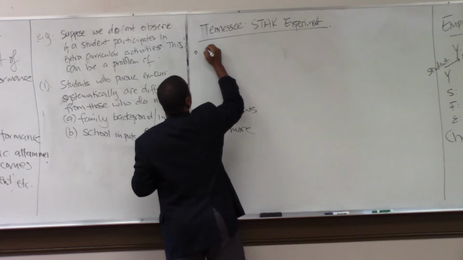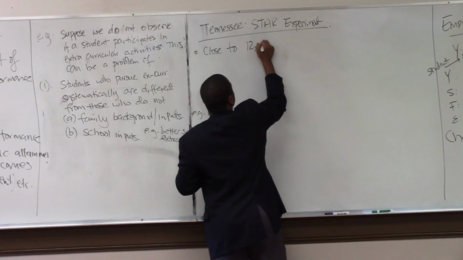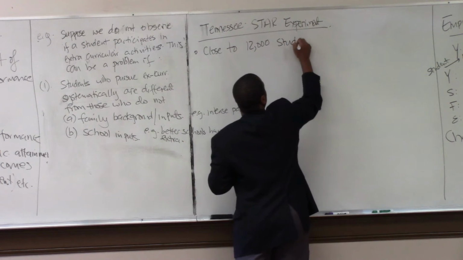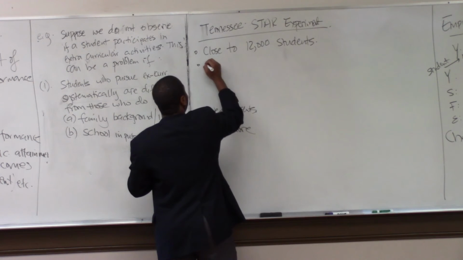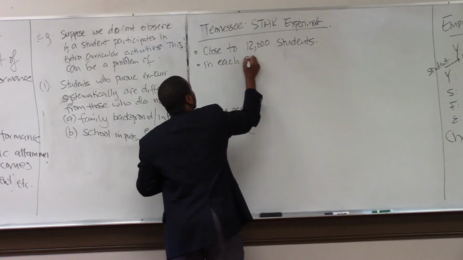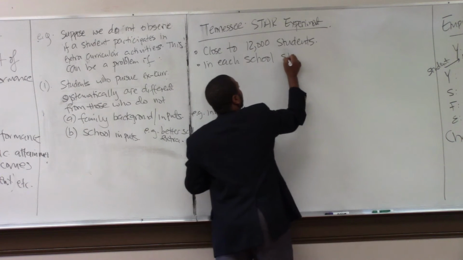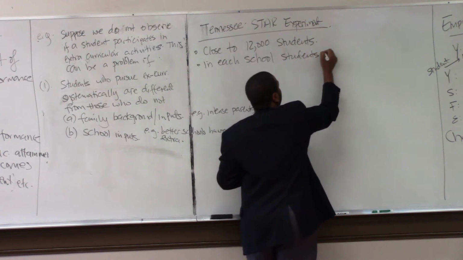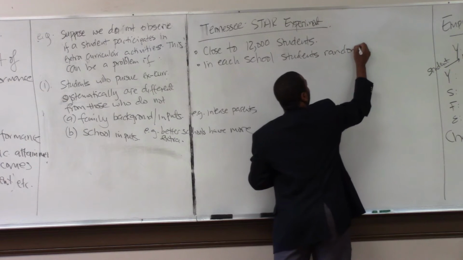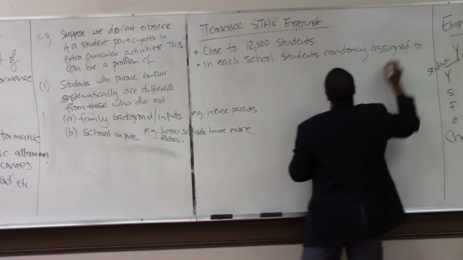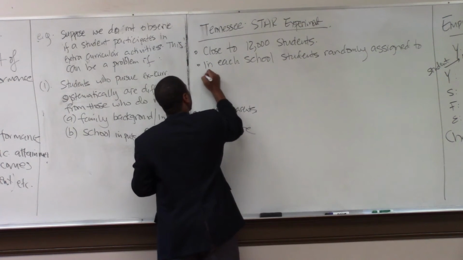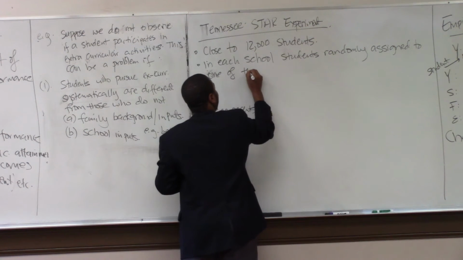So you're close to 12,000 students. And in each school, we have students randomly assigned to one of 3 different class sizes.